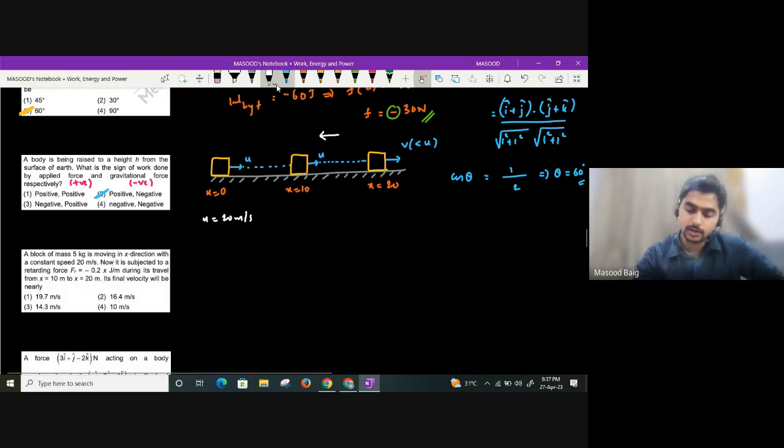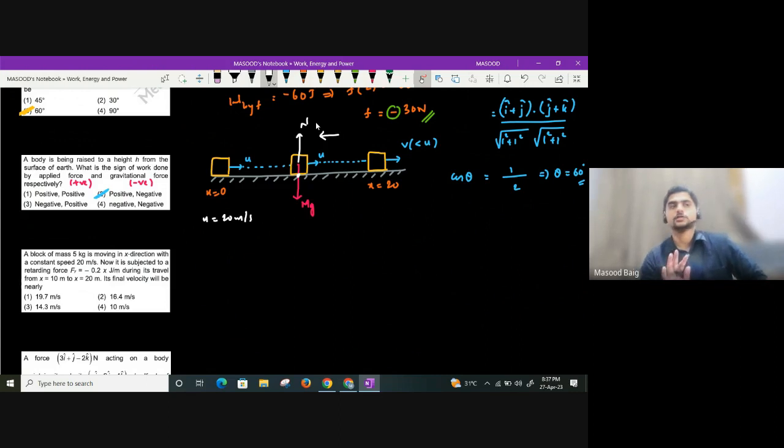Now, what will be the forces that are going to act? First and foremost, will weight act? Weight is acting on the ground. Will the ground keep quiet? No. It will give a normal reaction. Is there any other force given? Retarding force is given.